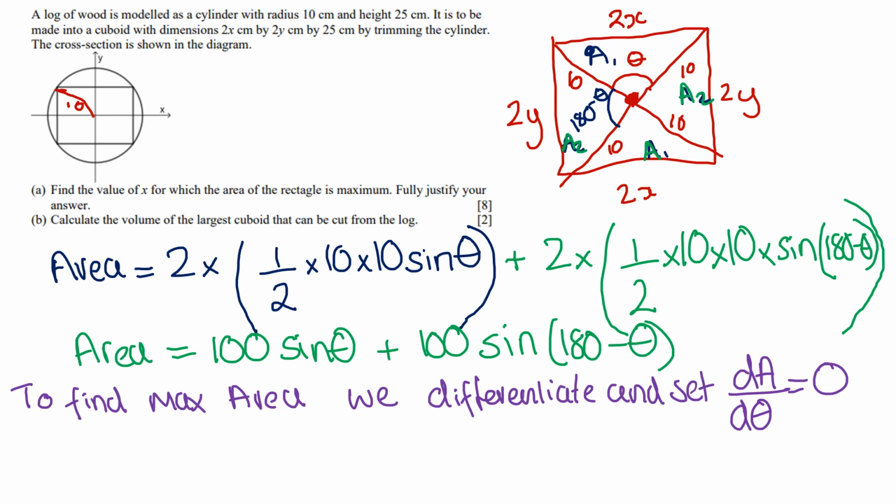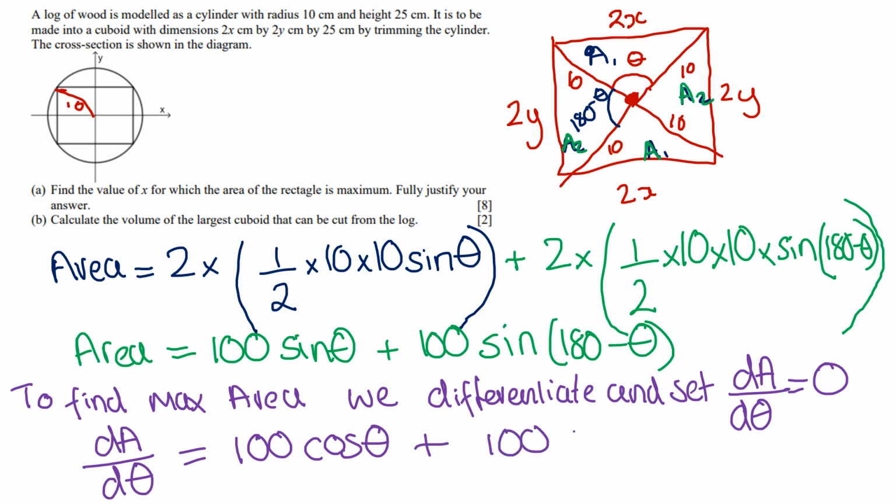So let's do that then. dA by d theta would be 100 cos theta plus 100 cos (180 minus theta).